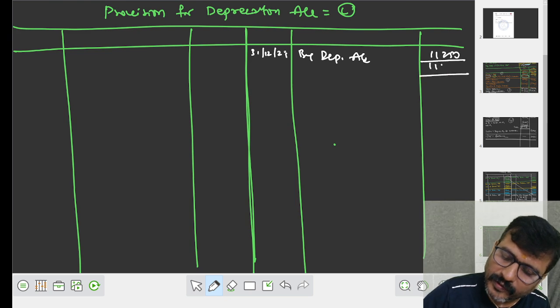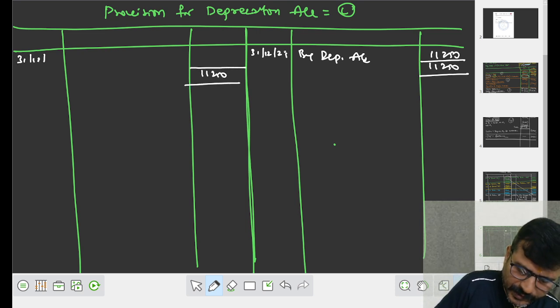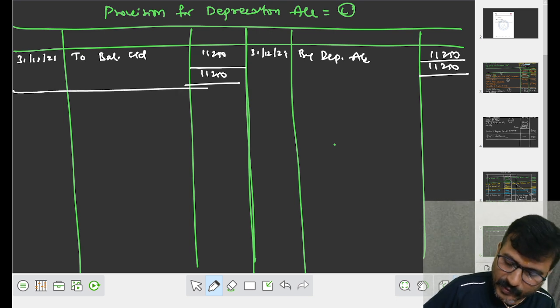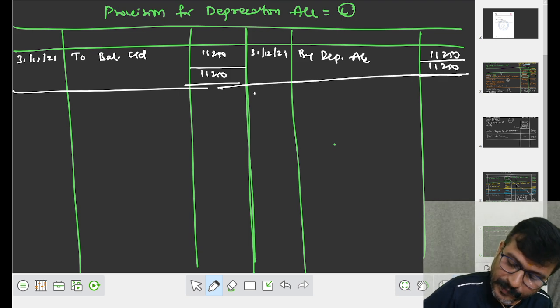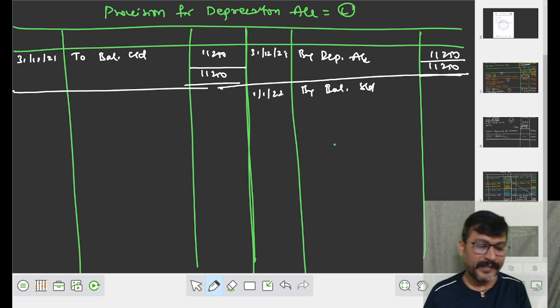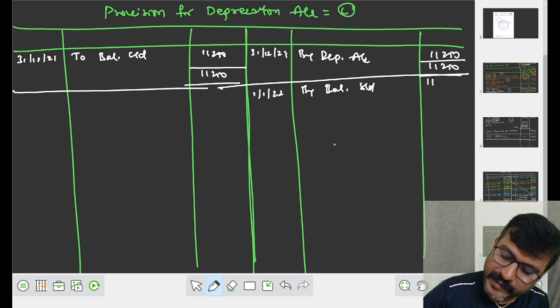Just close it off on the same date. To balance carried down as 11,250. Then brought down for January 22, because the accounts are closed on December and opened in January, right? Now we have to write brought down as 11,250.